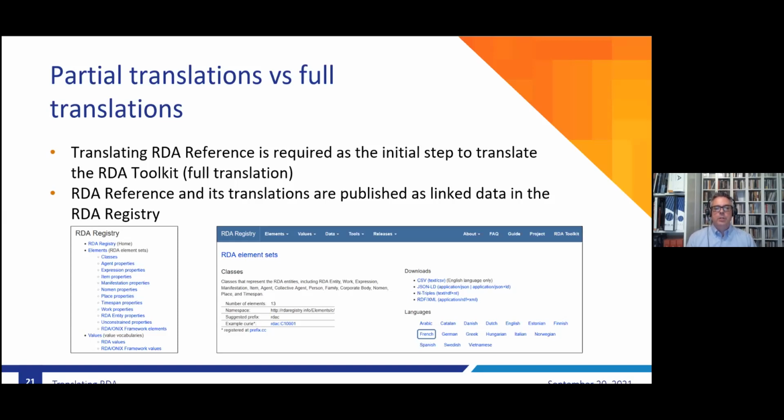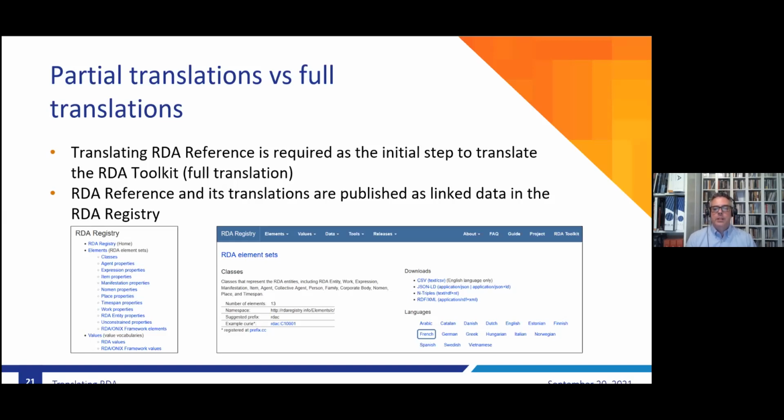For those choosing to do a full translation, however, translating RDA reference is mandatory because it's required as the initial step to translate the RDA toolkit, because the process of translating the toolkit assumes that the translation of RDA reference will be available in the staff registry to populate toolkit pages where appropriate.